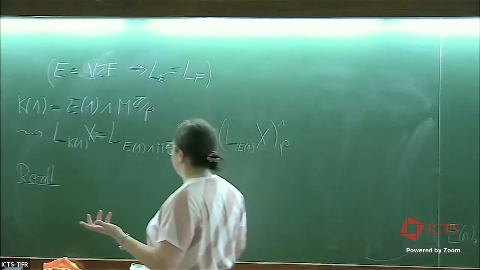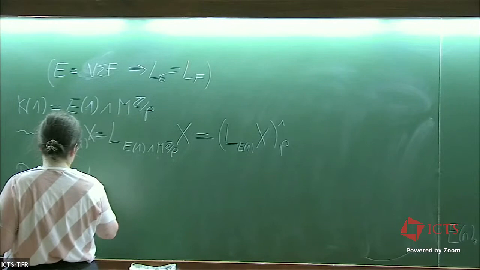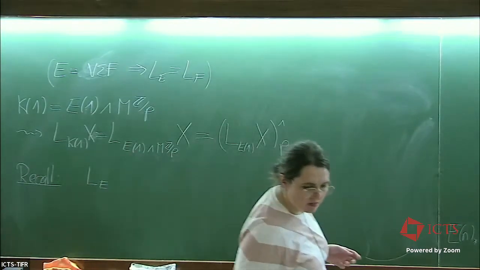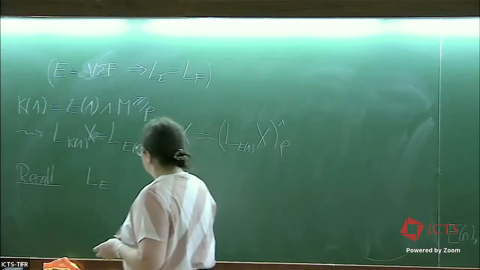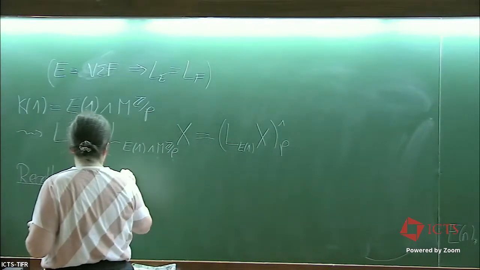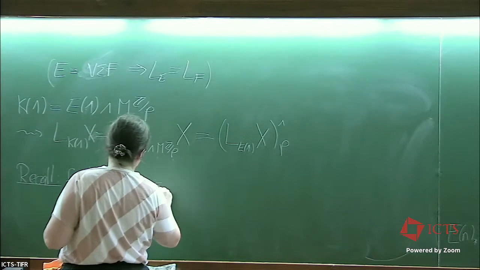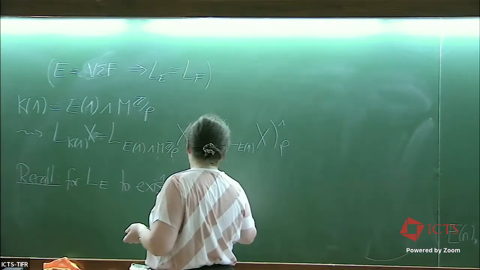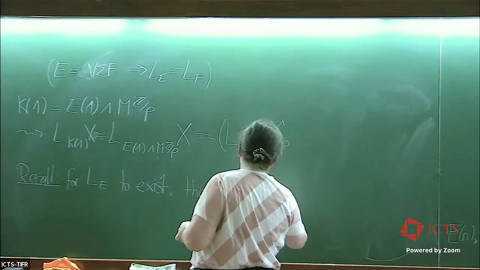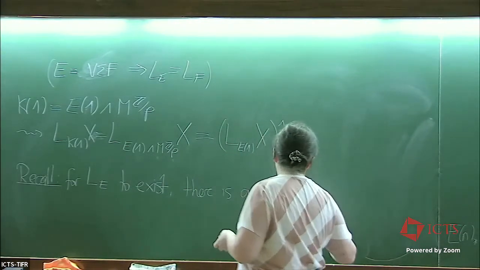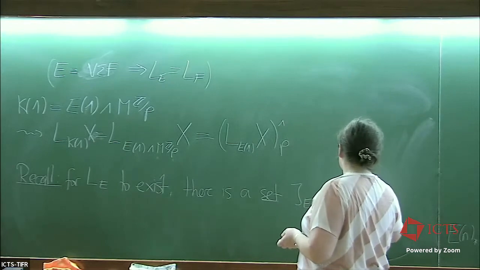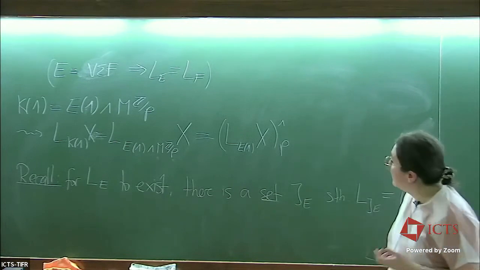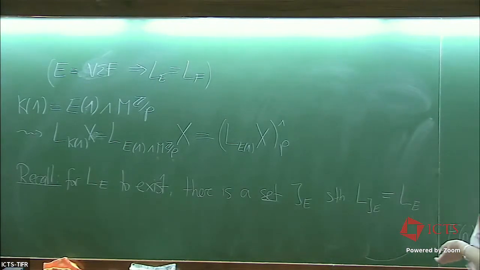And so for E-localizations to exist, there was, for the proof, a set J_E such that localizing with respect to that set is the same as localizing with respect to all E-star isomorphisms.